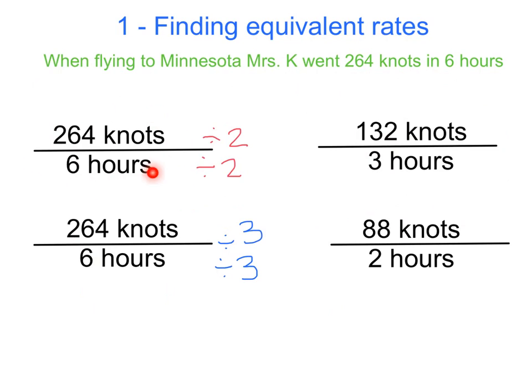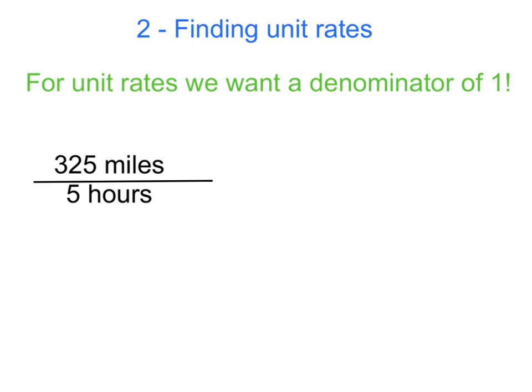Now, we want to remind ourselves that sometimes we're going to be finding a unit rate. That's when we take our original rate and try to get a denominator of 1. So for unit rates, we want a denominator of 1, which we already learned about previously.